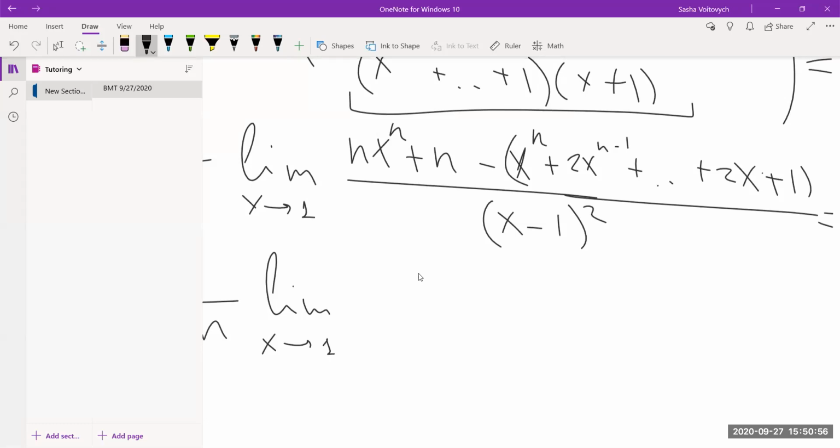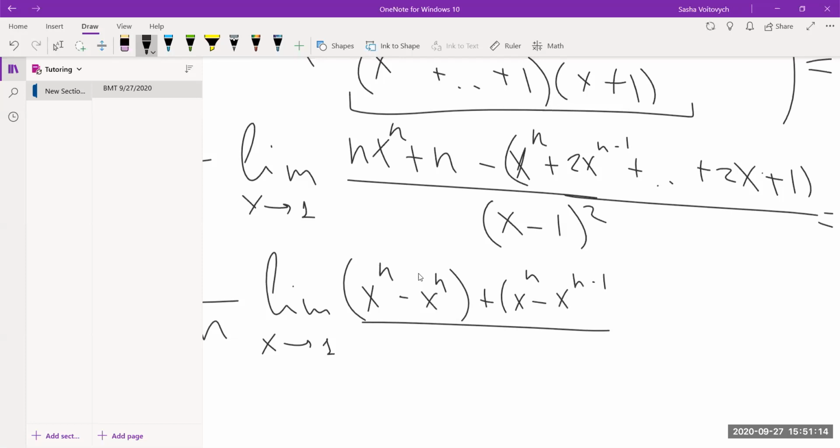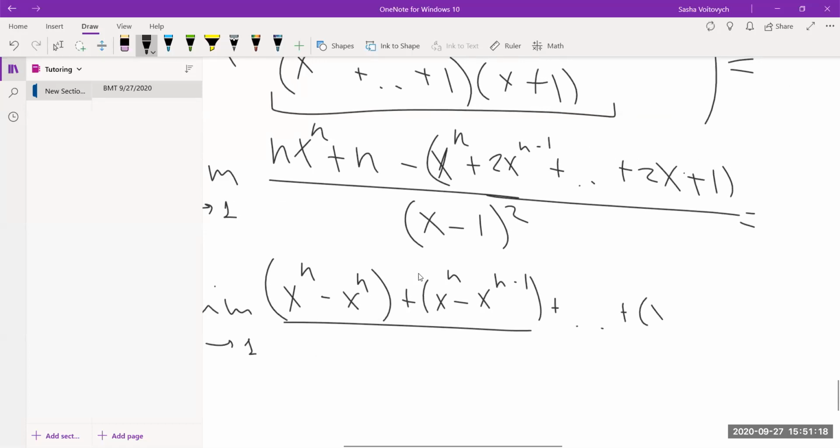So one thing we can do is we can pair x^n with every power that we have on the right, x^n minus x, okay?